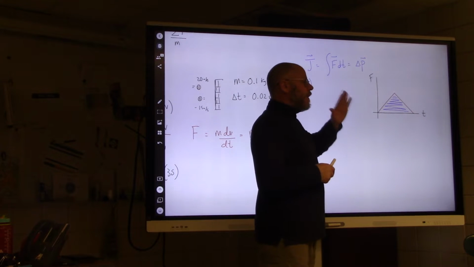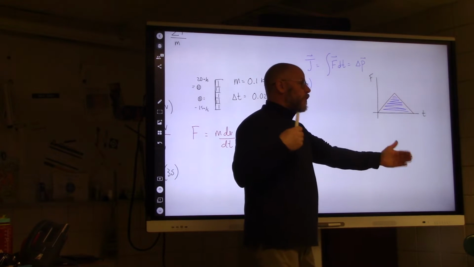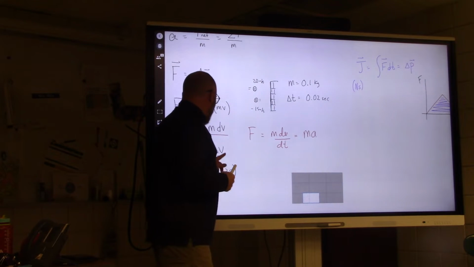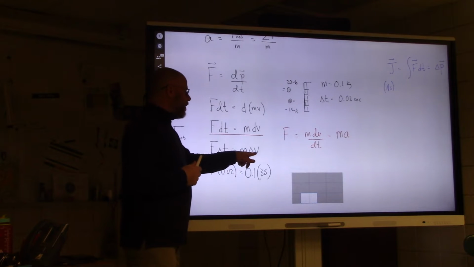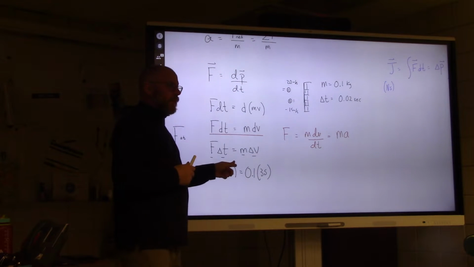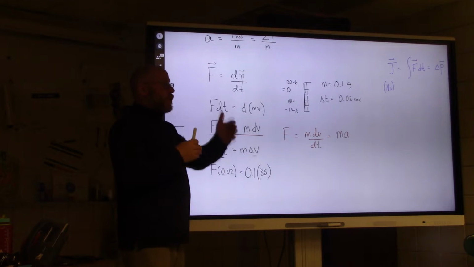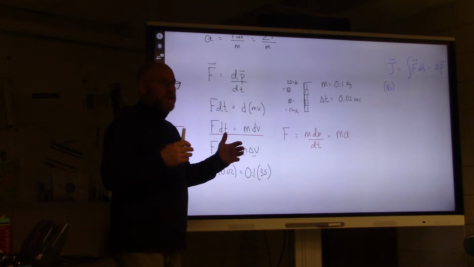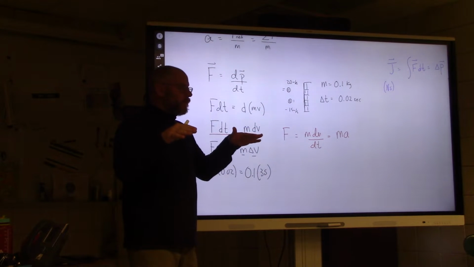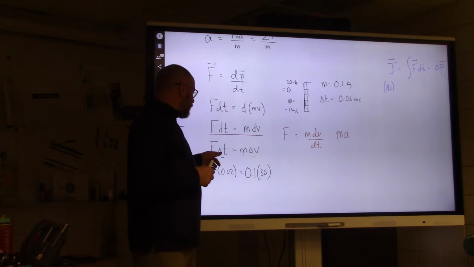The force itself isn't enough, the force has to last for some time. If I want to change the momentum of an object, I need to apply a force, and that force needs to last some time. Whether you apply a large force over a small time, or a small force over a large time, or a large force over a large time, both matter. And that force over change in time is impulse.